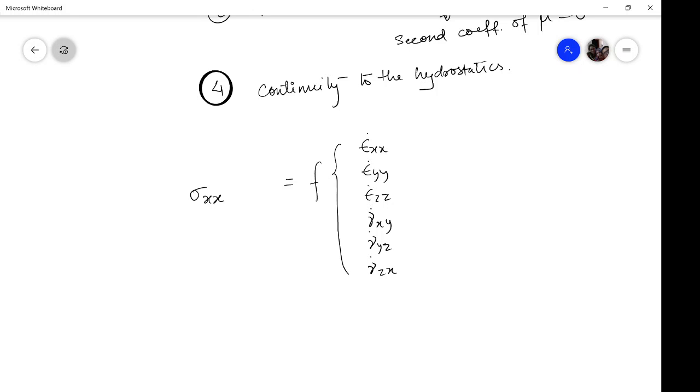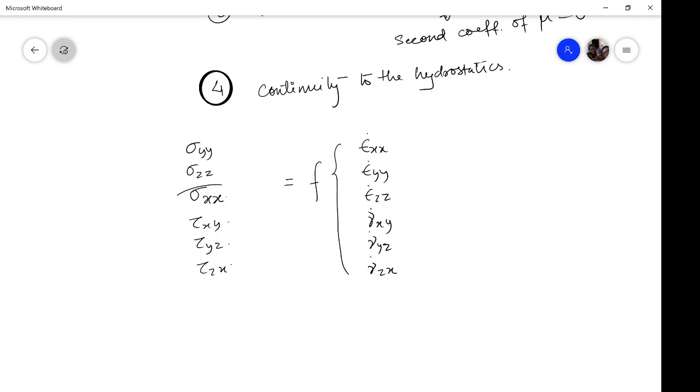So this one stress is related to 6 strains. And how many stresses are there? Sigma yy, sigma zz, tau xy, tau yz, and tau zx. So in totality, you have 6 stresses, and these are functions of 6 strains.